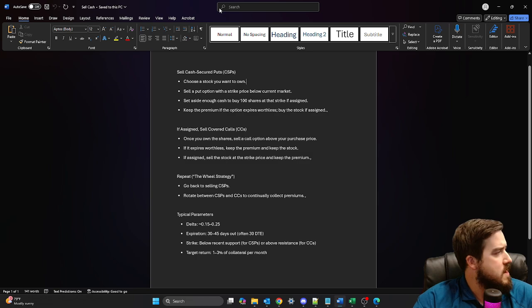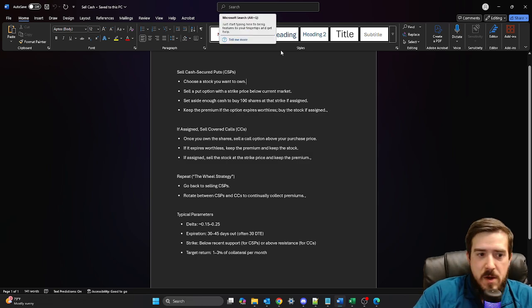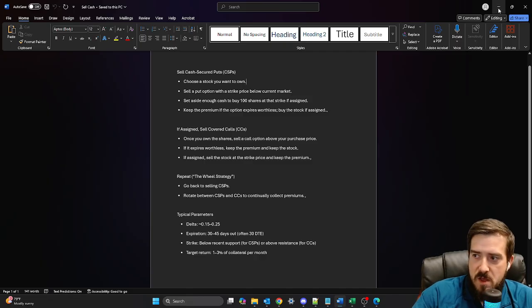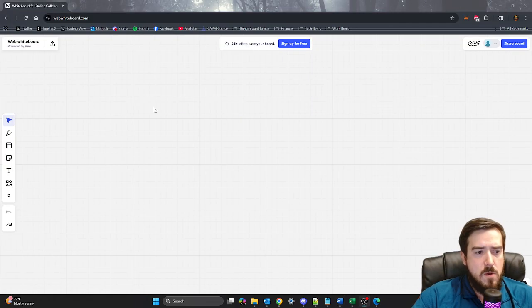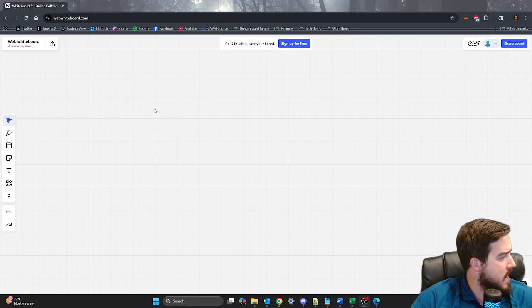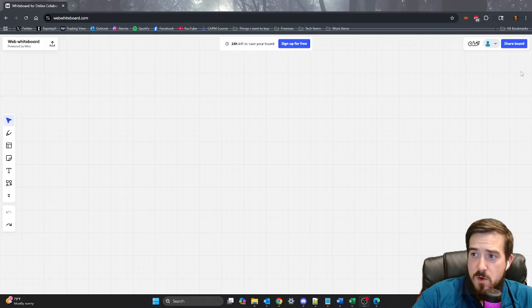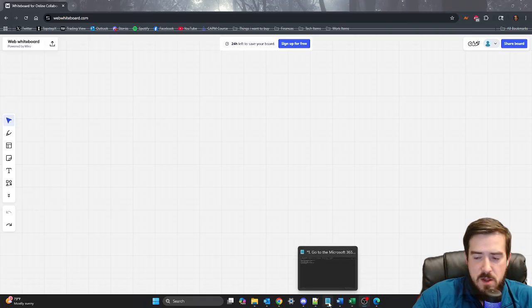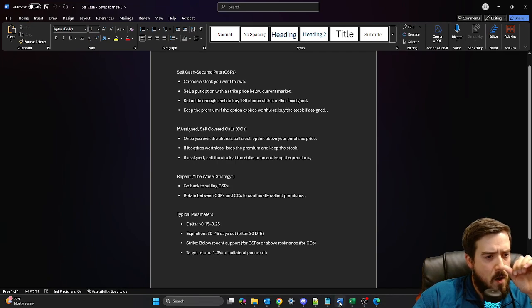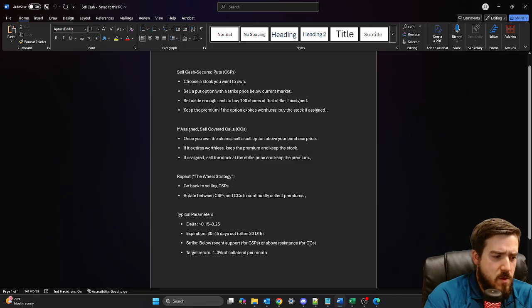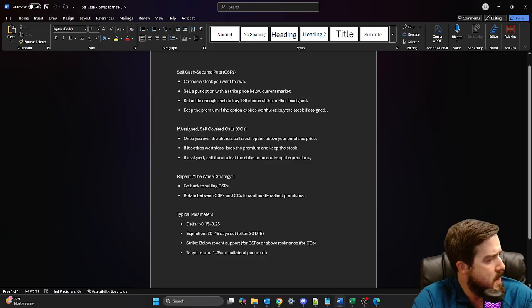So, for this example, I'm going to use Nvidia because Nvidia has really good options premiums, and I think it's going to be a pretty good place to start. So we will go look at Nvidia, and actually, I think one thing we should do first is we probably need to get a little bit of an understanding of what options are, right? That's probably a better place to start than jumping straight over to Nvidia.